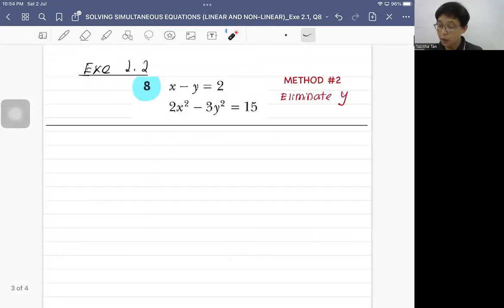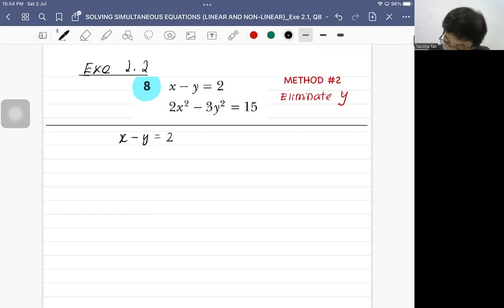Let us go to method 2, where we're going to show the method of elimination of y. Okay, so now again we will copy down the question, and as usual, put the numbering accordingly.